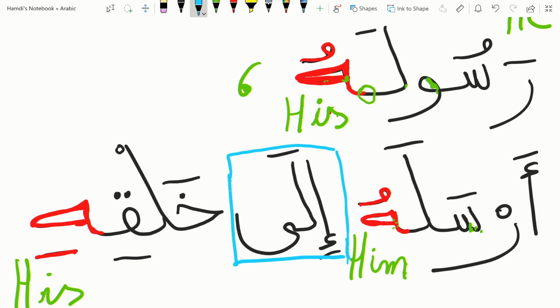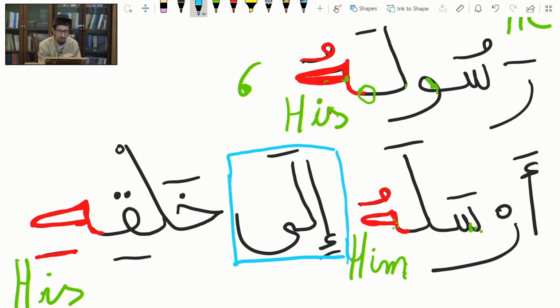It's broken. You remember that we said the kasra is called an injury. Kasara means to break as well, or to pull. So that's why. But don't worry about it now. We'll study that in the next session or the session after.